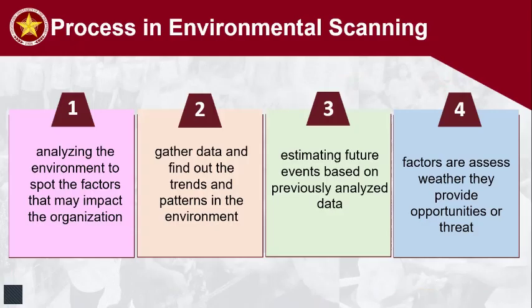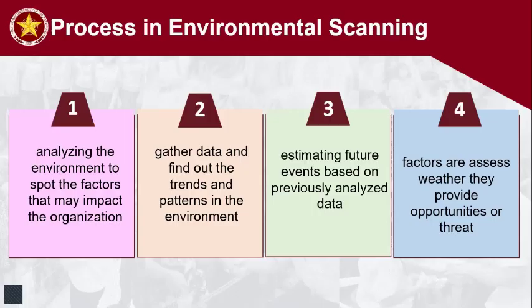There are different processes in environmental scanning. First, of course, when we scan, we analyze the environment to spot the factors that may impact the organization. Second, we gather the data and find out the trends and patterns in the environment. And the third, we estimate future events based on previously analyzed data.